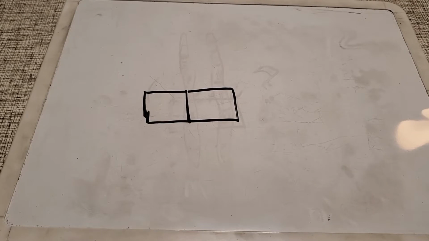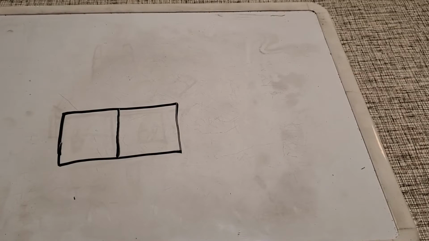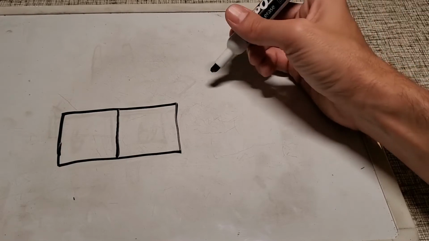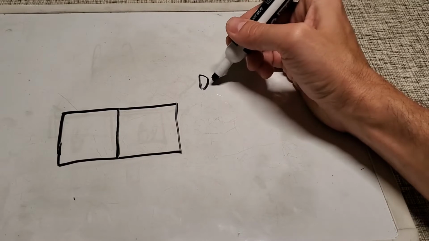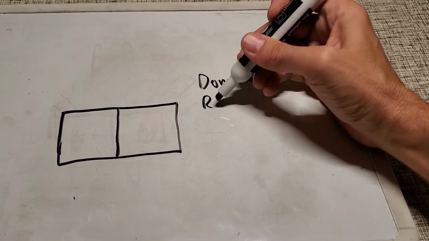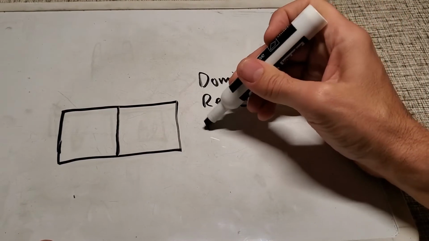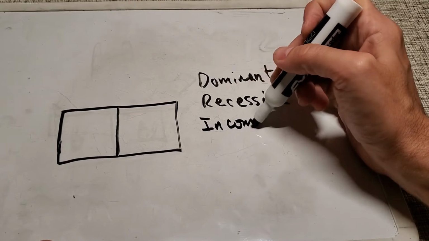Now that we got that out of the way, we can get into how these genes actually work. Before we do that, there are a few terms that you need to be aware of. There is dominant. There is recessive. There is incomplete dominant.